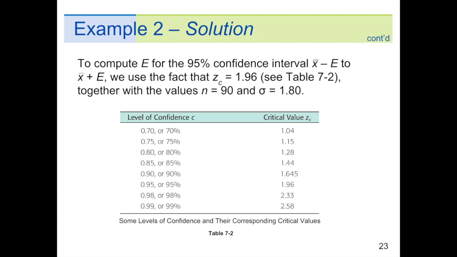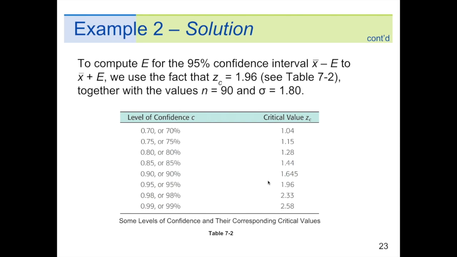To compute E for the 95% confidence interval, x bar minus E to x bar plus E, we use the fact that Z sub C is 1.96. Using this table here, this is pretty much just taking the values from the front of the book.